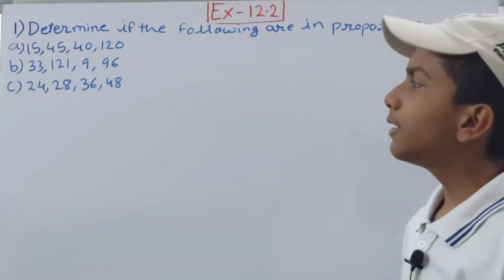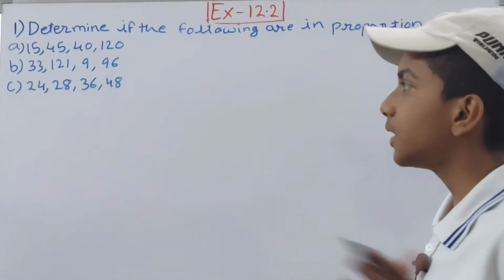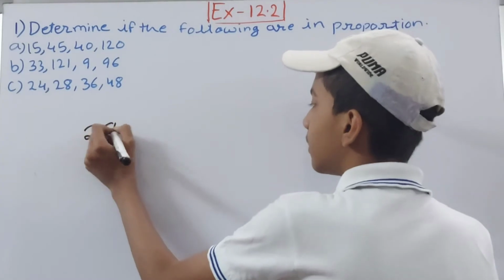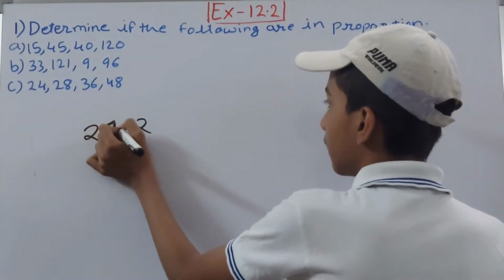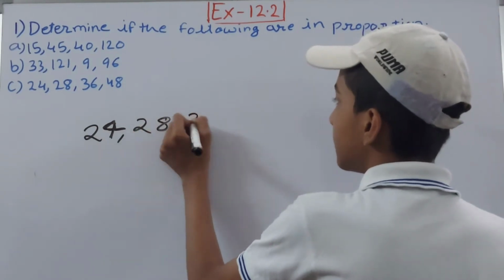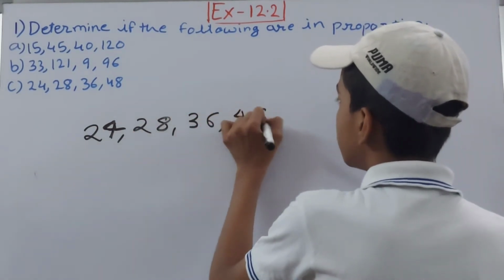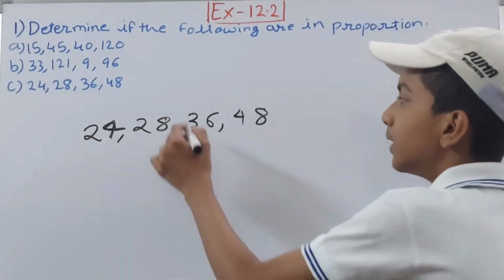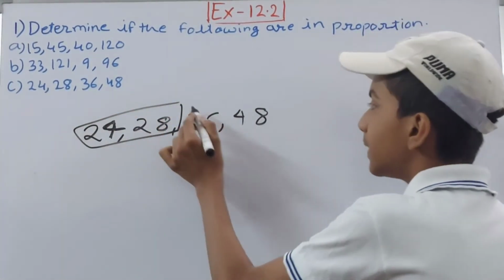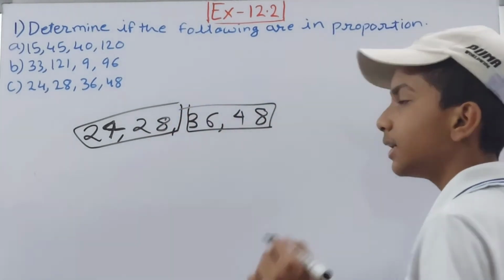Now the next part is C1. This is 24, 28, 36, 48. So let us write this down: 24, 28, 36, 48. How will we do this? Again make the pairs. First of all, 24 and 28 is one pair, 36 and 48 is another pair.